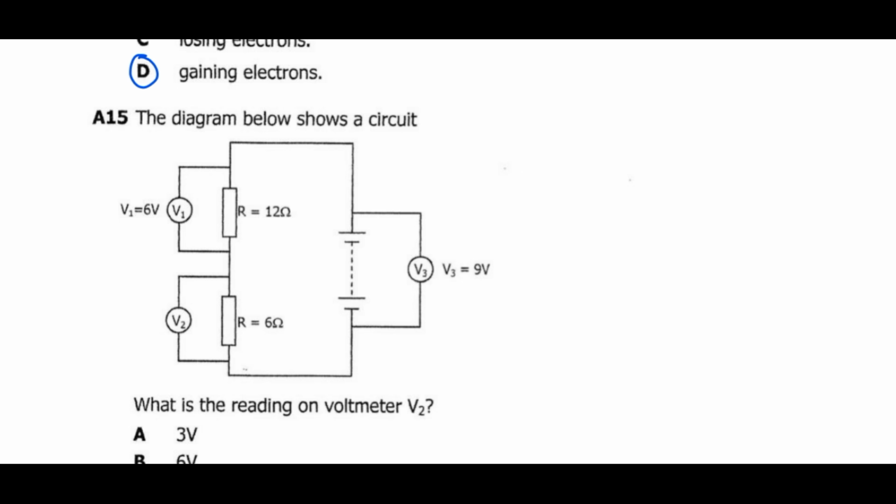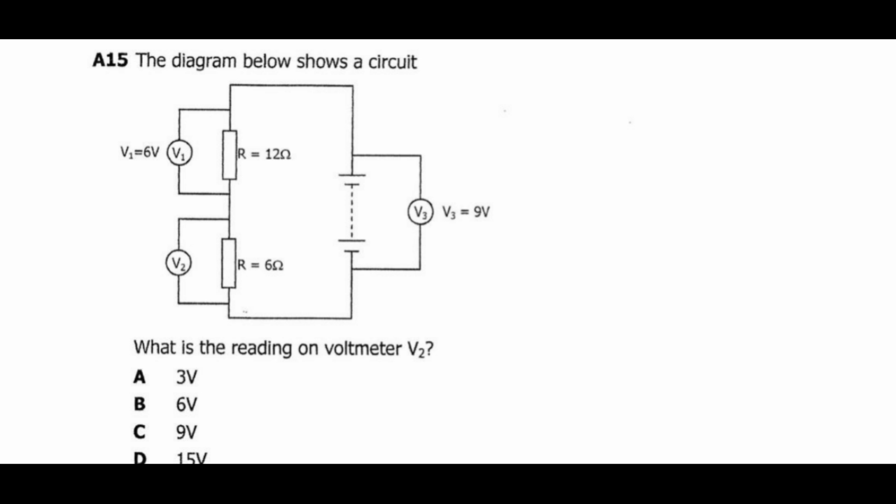So question 15, the diagram here shows a circuit. What is the reading on the voltmeter V2? So where is V2? This is our V2 here. Then the voltage on V1 is 6 volts. Now let's look at the total volts.